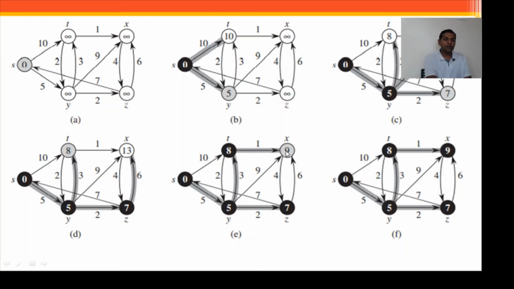No other vertices adjacent to X remain, so we will just black out this vertex. So the minimum spanning tree that we get is S to Y, Y to T, T to X and Y to Z. This is the tree with the minimum, optimum cost that we achieve.